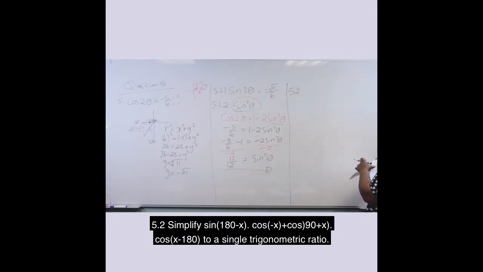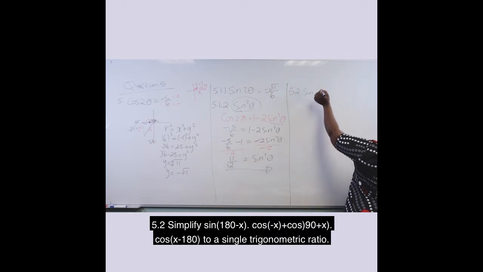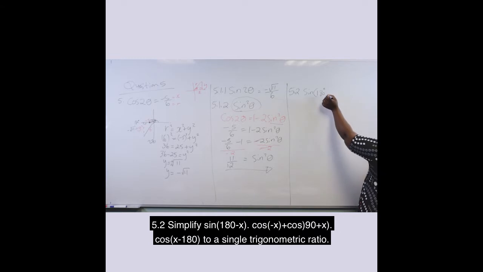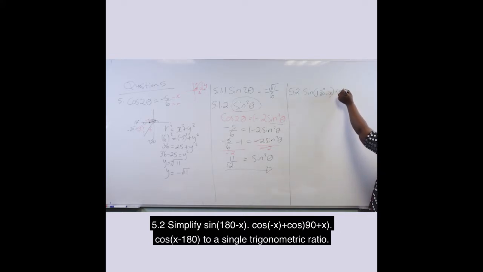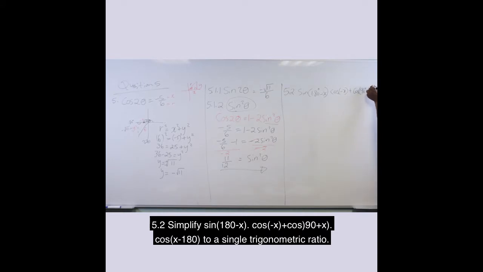Okay, let's write the question down. They said it is sine 180 minus x, and it's multiplied by cos of negative x, and it's added to cos 90 plus x.